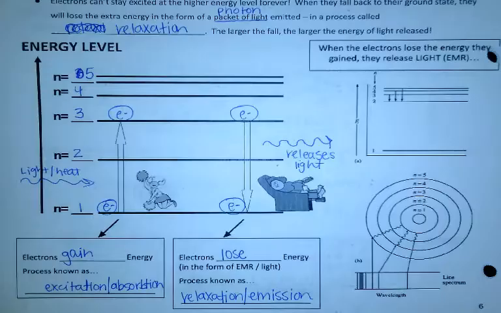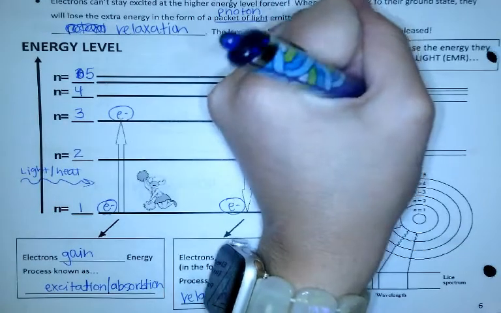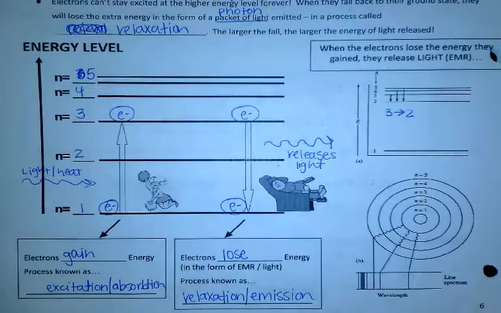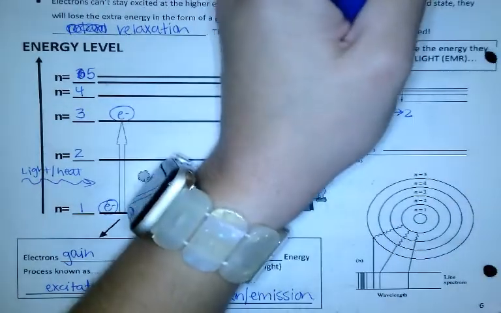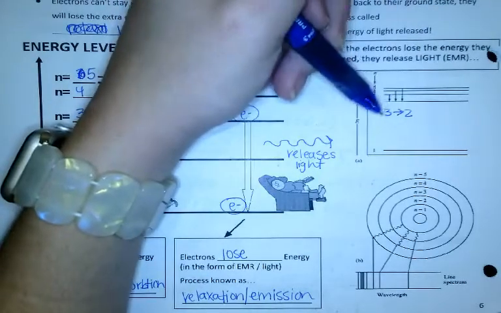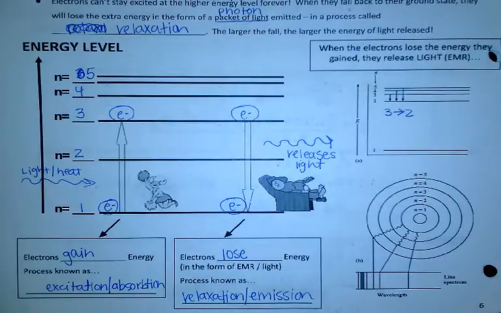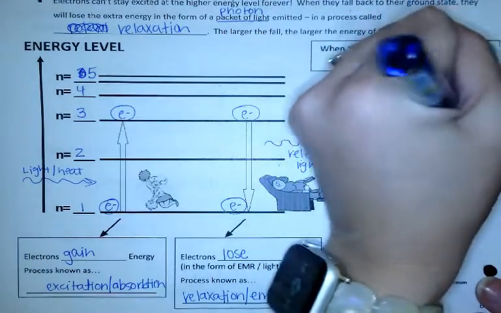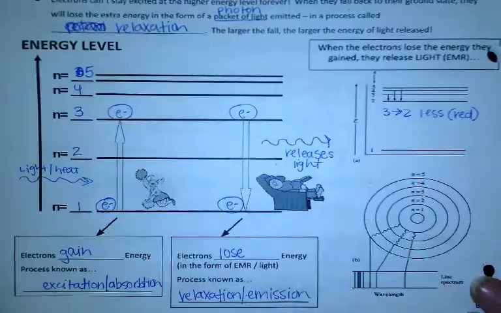Now, so again, if you say you went from energy level 3 to 2, so say an electron was excited, it jumped from the second energy level to the third, and it's jumping back down from 3 to 2. That's not a lot of energy, okay? That's just one energy level difference. This will release less energy, which we may see in the form of a red light.